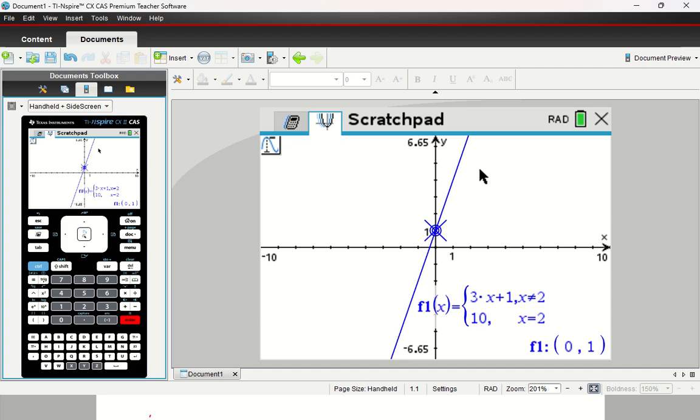And so my answer is going to be what? 1. Okay. Now, since trace is already on, I can just go through, what is it at 1? There we go. What's it at -2? All I have to do is enter the number and it will open up a box for you, and then it gives you your answers. So at 0, my answer was 1. Is that pretty easy, you guys?